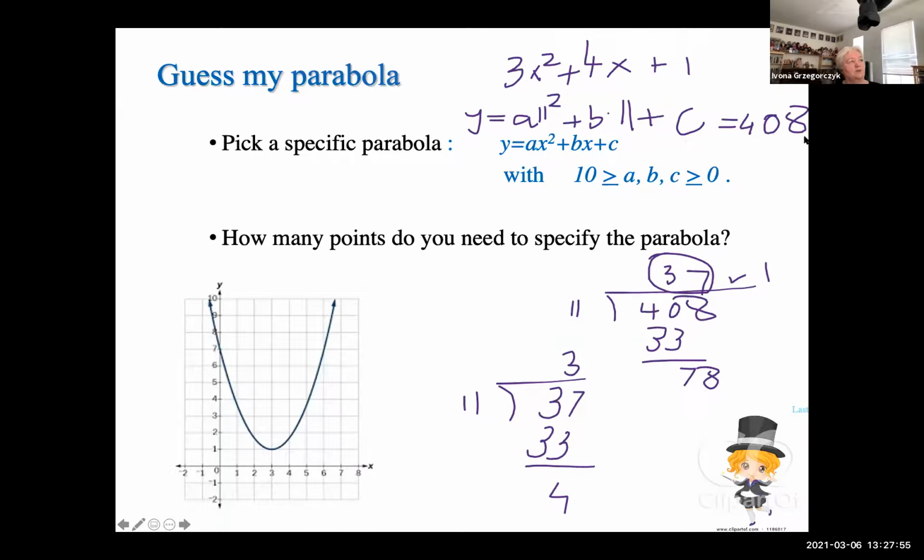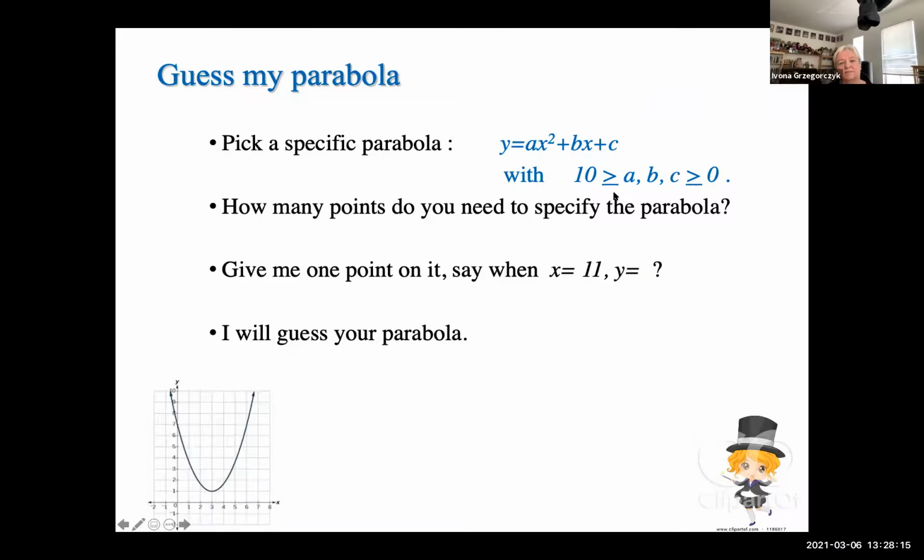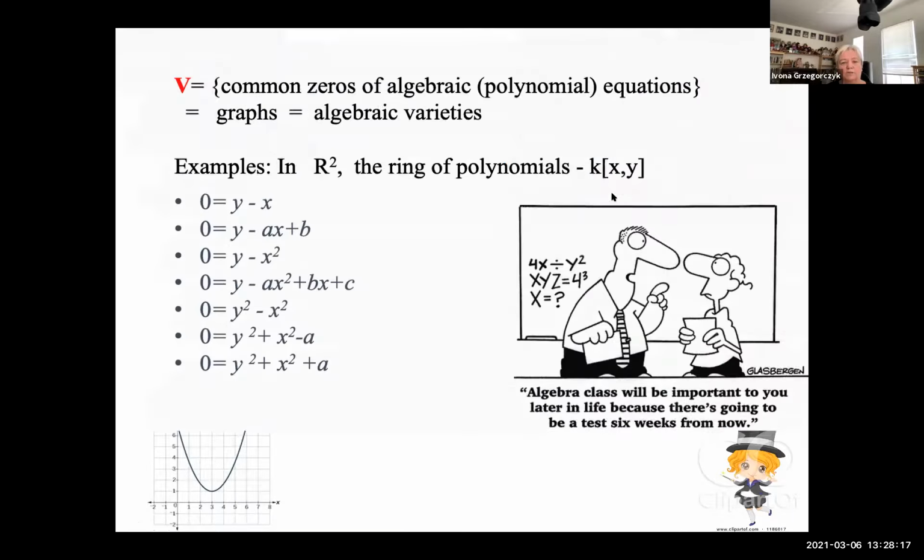If you ended up with 408, I know that it's 4x squared plus 8. But it's so easy for people to guess, so you don't want to use 10. You want to use 11, but you have to make sure that all these numbers in here are smaller than or equal to 11, so 10 or less. Okay, so we figured it out.